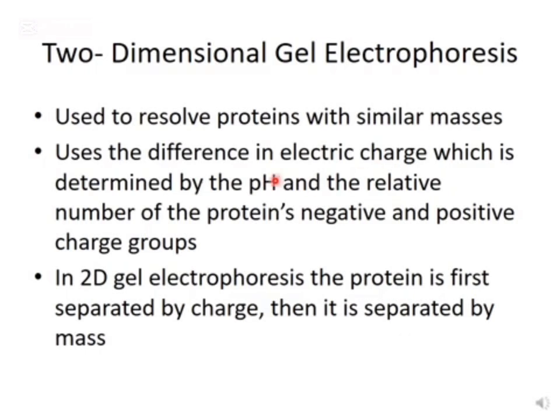So it uses the difference in electric charge, which is determined by the pH, and the relative number of proteins' negative and positive charge groups. I'll explain in a bit. So in 2D gel electrophoresis, we firstly separate the protein based on its charge. Afterwards, we separate it based on its mass, which is exactly identical to the PAGE part that we discussed earlier.